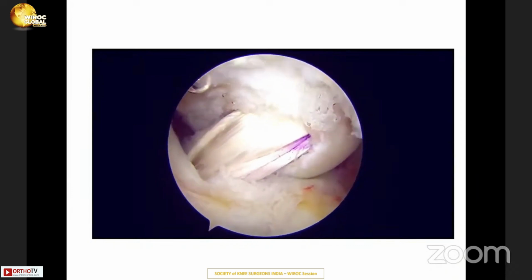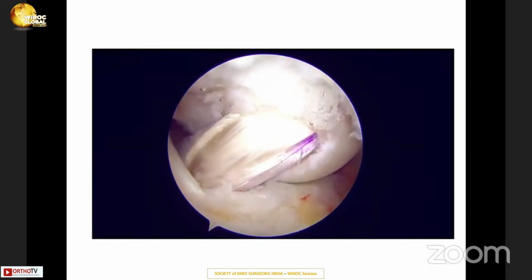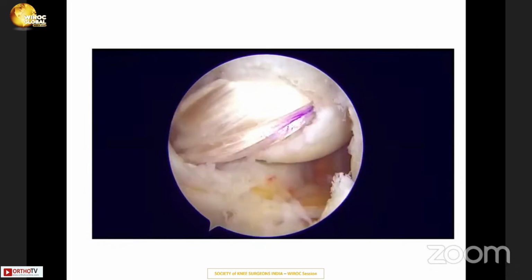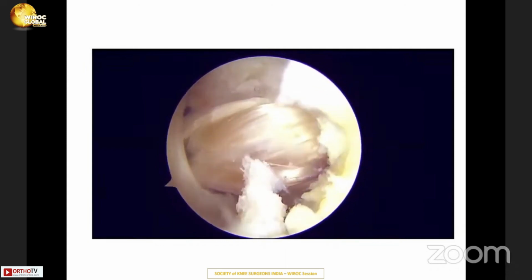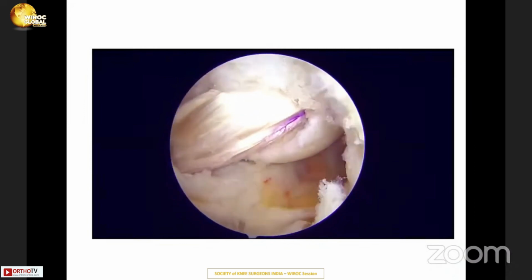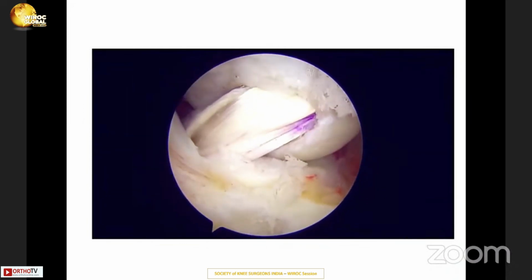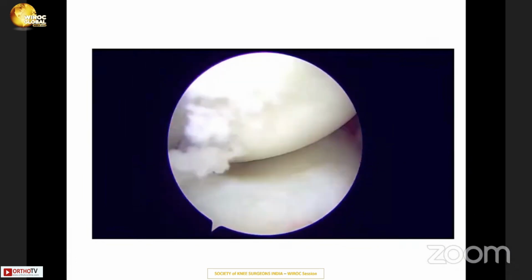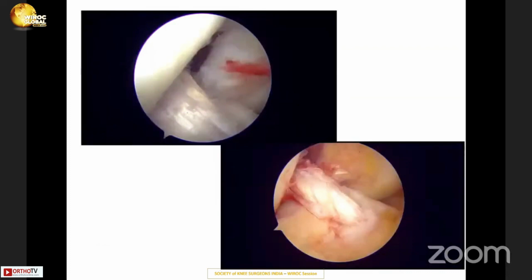When I extend the knee in this position, the posterolateral bundle is somewhat getting taut and the anteromedial is somewhat getting lax, and vice versa. When I flex the knee, the posterolateral bundle is getting lax and the anteromedial is getting taut. So this is somewhat double bundle like. I'm not saying exactly double bundle, but this is footprint enhancing.